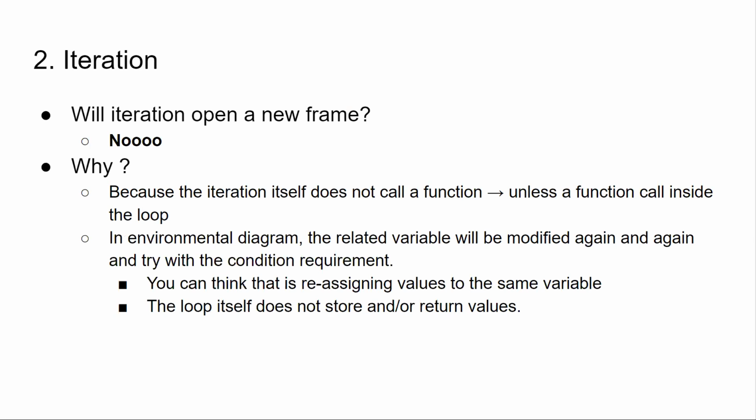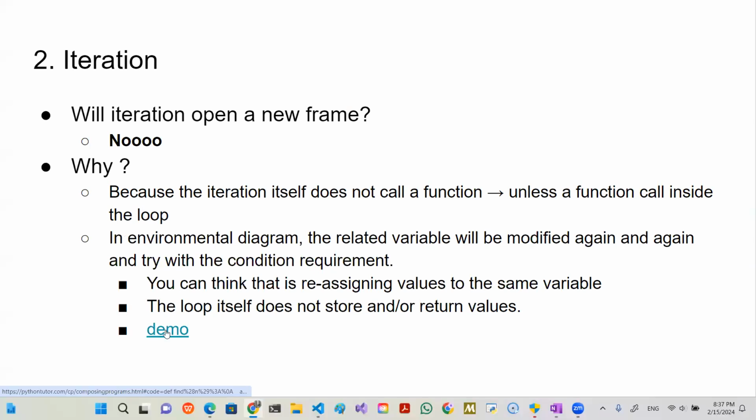Recursion is pretty much the same as iteration, but recursion does store and return values, because an environment carries values. The iteration itself does not have to store and return values because it's still inside the frame. Yeah, we have a demonstration of it.